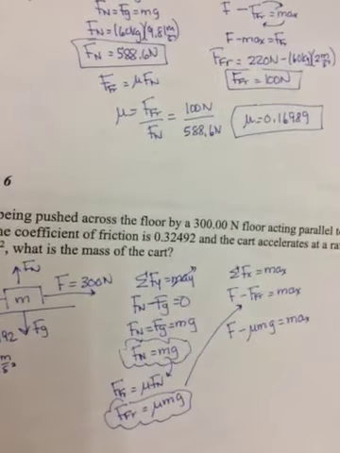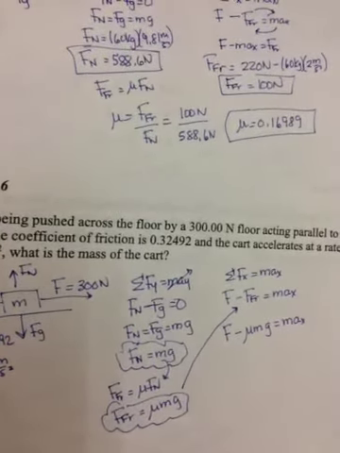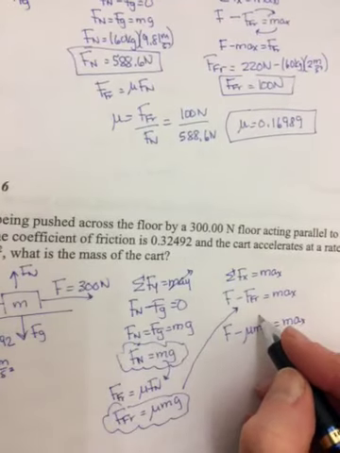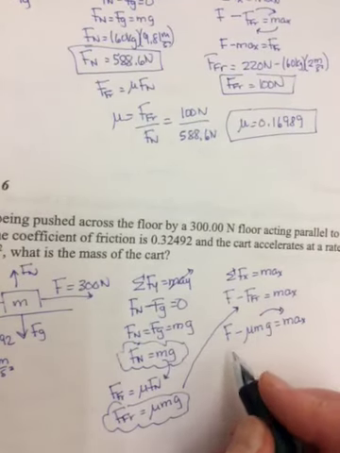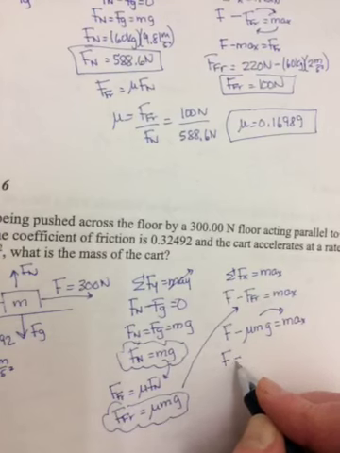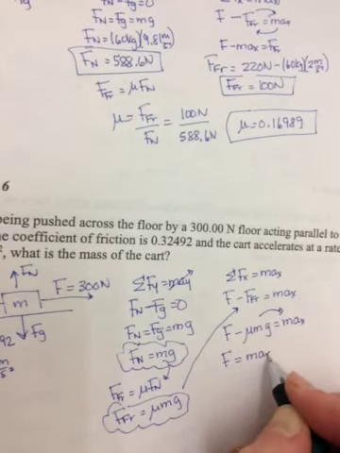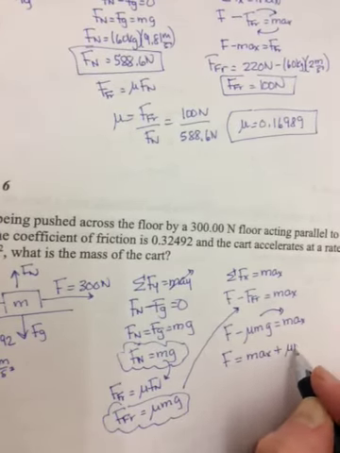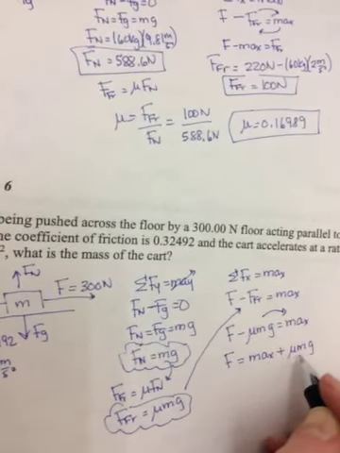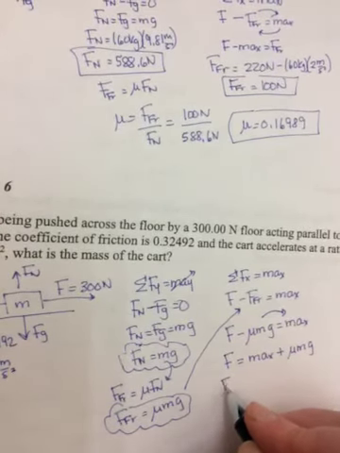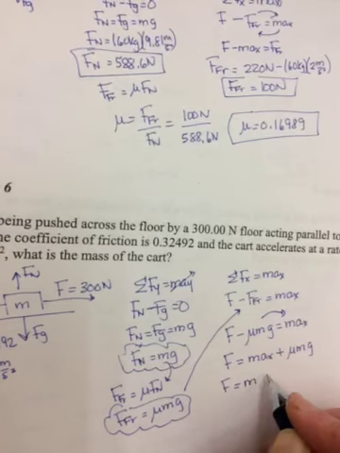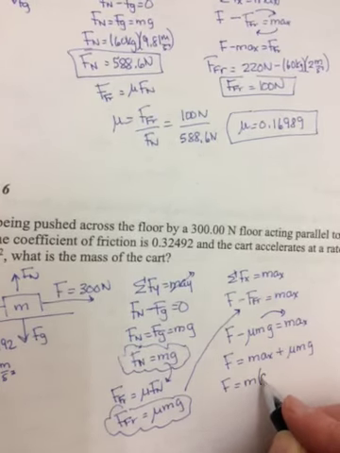Now I have one equation with one unknown, which means I'm going to be able to solve for my m. So take your m's to the same side, so add the mu mg. So it'll be F is equal to max plus mu mg. And now I have two terms with m in it, so I do what we've been doing from the beginning of the year. I factor it out.